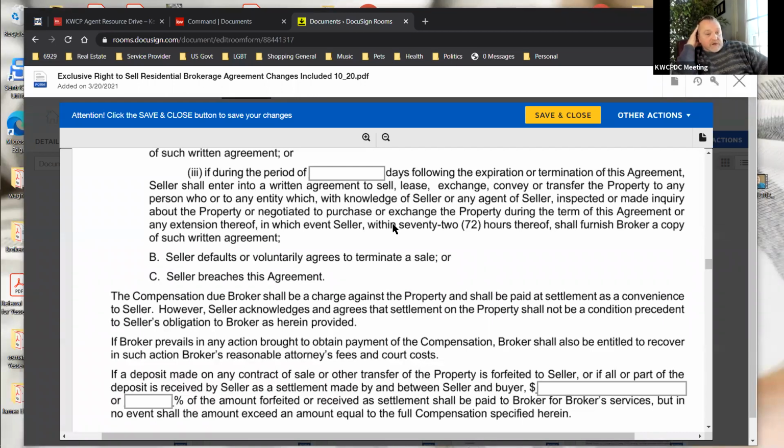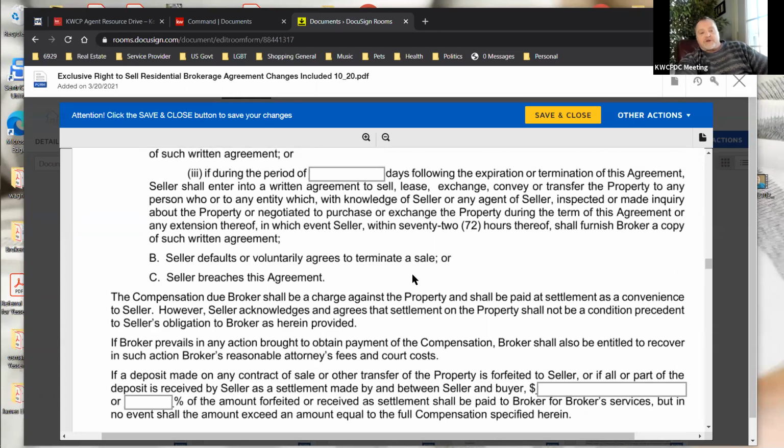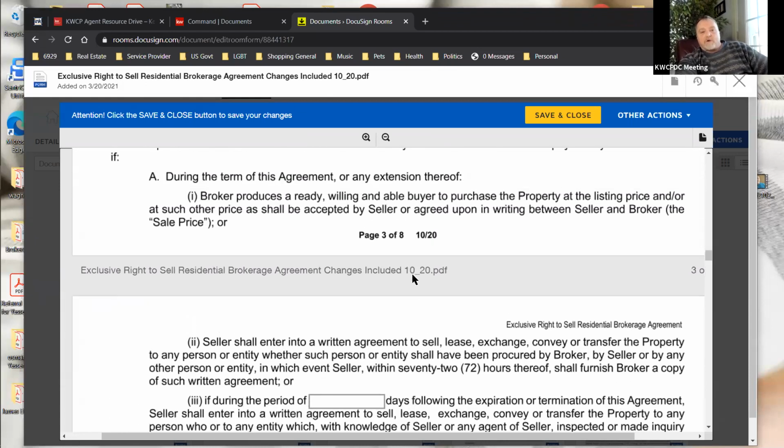And again, item number B here: if the seller defaults, doesn't meet, or voluntarily agrees to terminate a sale, then the total amount is due there. And if the seller breaches this agreement in any way, those are some pretty specific, powerful tools.